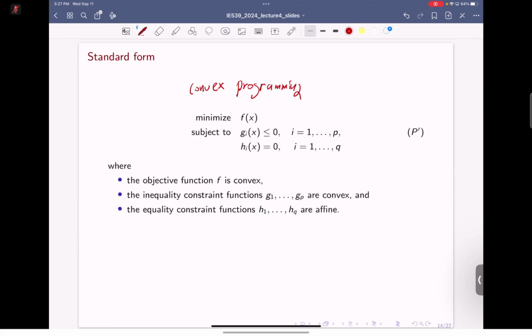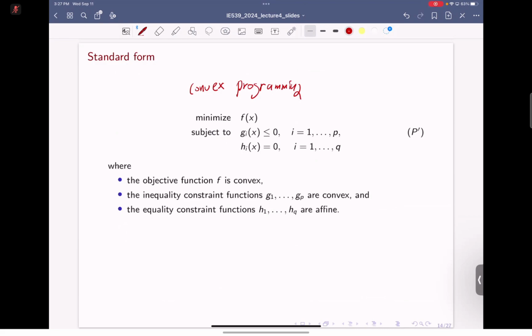If you are familiar with linear programming problems, it's an extension of linear programming. For linear programming, we take linear functions for f, g, and h. But the convex programming is basically the same, but f and g can be any convex function. Here we have equality constraints. You cannot put a nonlinear convex function for h here.